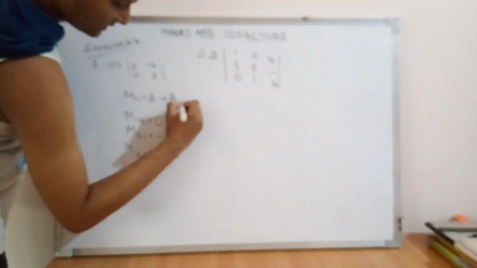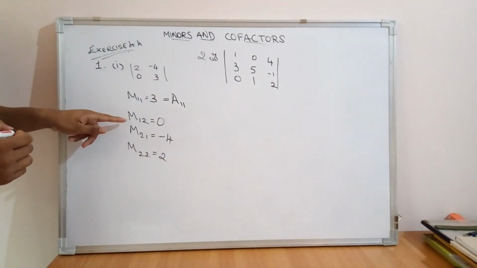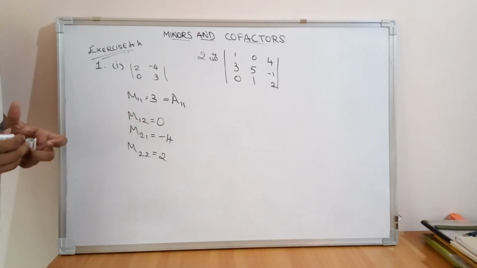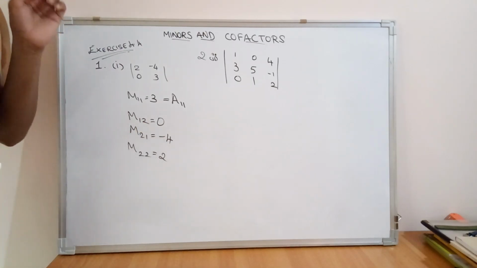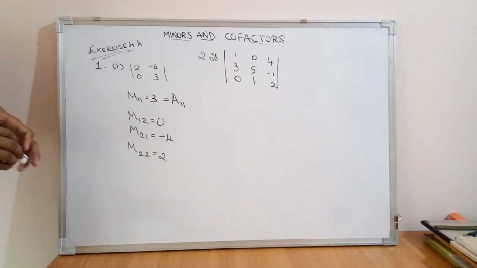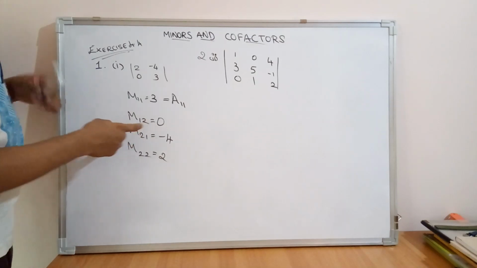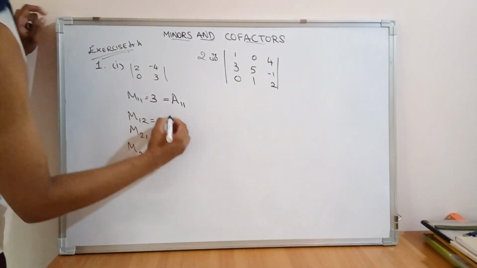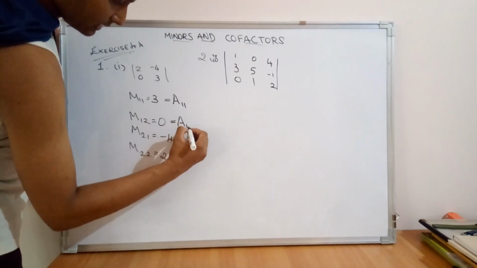So since it is 1 and 1, i plus j is going to be 2, that is even. Therefore minus 1 whole square is 1 itself. Therefore M11 is similar, and it is going to be A11 here also. So since it is minus 1 raised to 1 plus 2, it is going to be 3. So minus 1 whole raised to 3 comes in the power of minus 1 over there. So what is going to be here is, since minus 0 is same as 0, I can tell that it is also equal to A12.